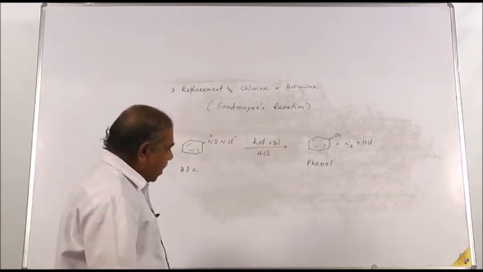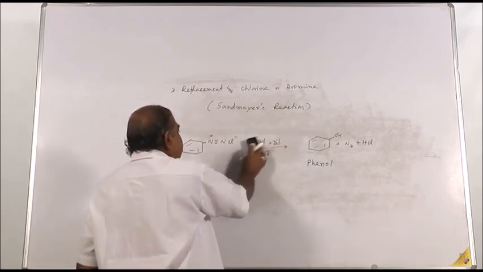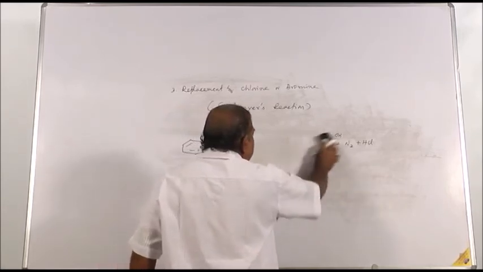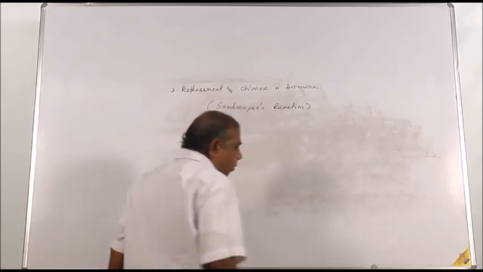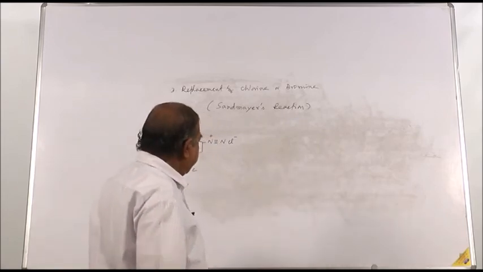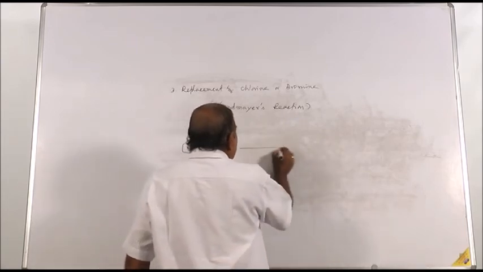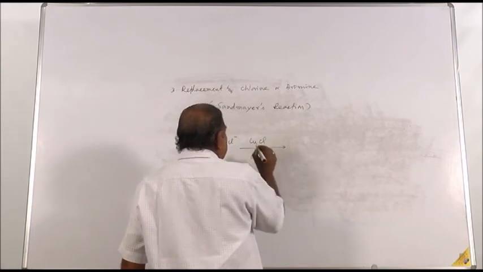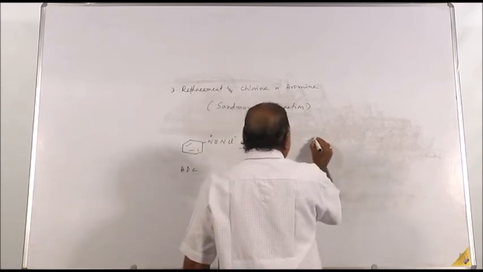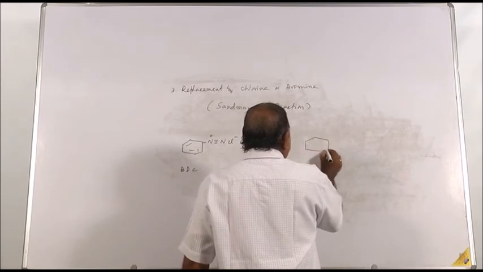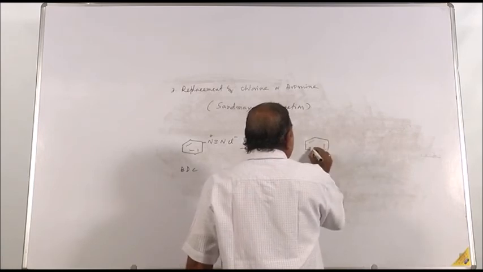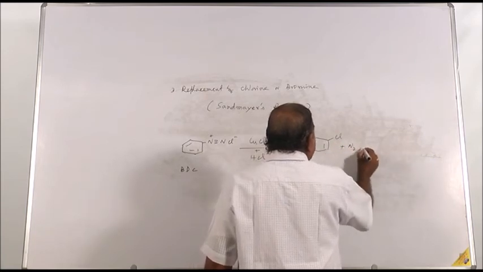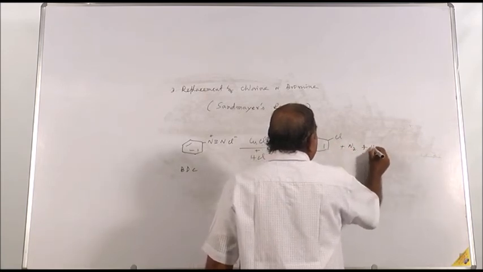Now, when benzene diazonium chloride is treated with a mixture of cuprous chloride and hydrogen chloride, you will get chlorobenzene. The diazo group is replaced by chlorine plus nitrogen plus HCl.